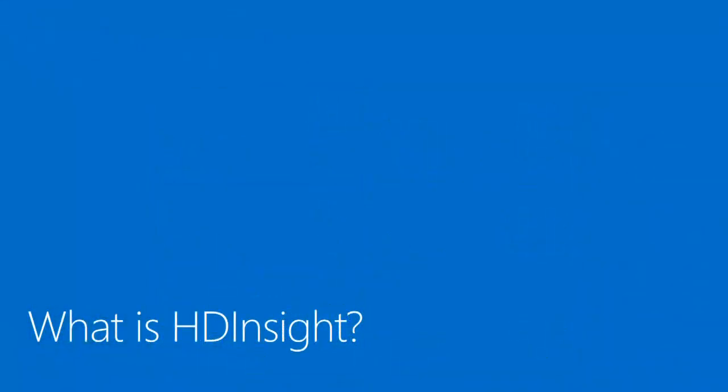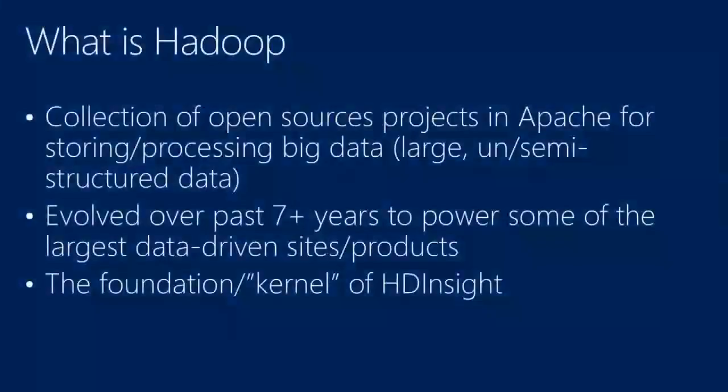So HDInsight. Let's start out. So Hadoop, I'll even start farther back in time. There was a project at Google called Bigtable. Is anybody aware of this? Okay, a few people. Bigtable is basically how Google runs their search business. They came up with a way to store and index the internet, and they did it by backing the system with commodity hardware, the type of stuff you can just go to your computer store and buy.